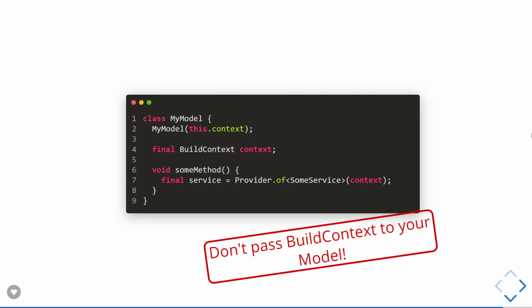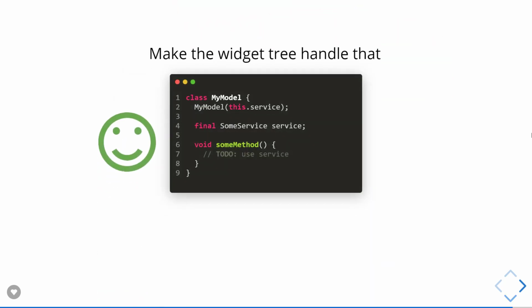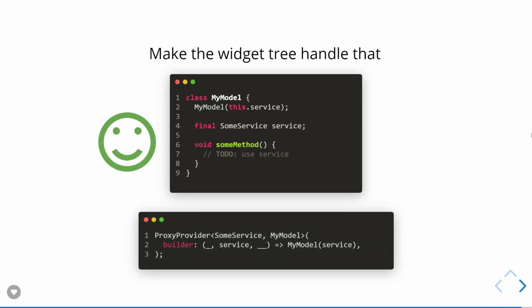Instead, what we usually want is to use some form of abstraction. For example, we could pass directly the variables that we want to obtain to the model, and then we can use them directly, which means that the logic to obtain the variable is then moved to the widget tree.